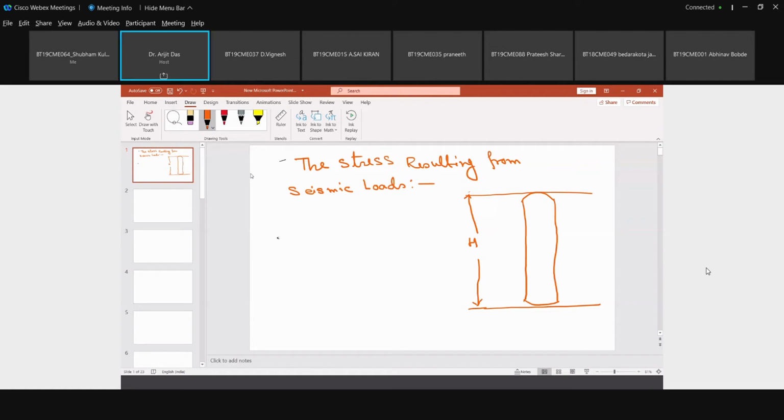Now, the seismic load is assumed to be distributed in a triangular fashion.